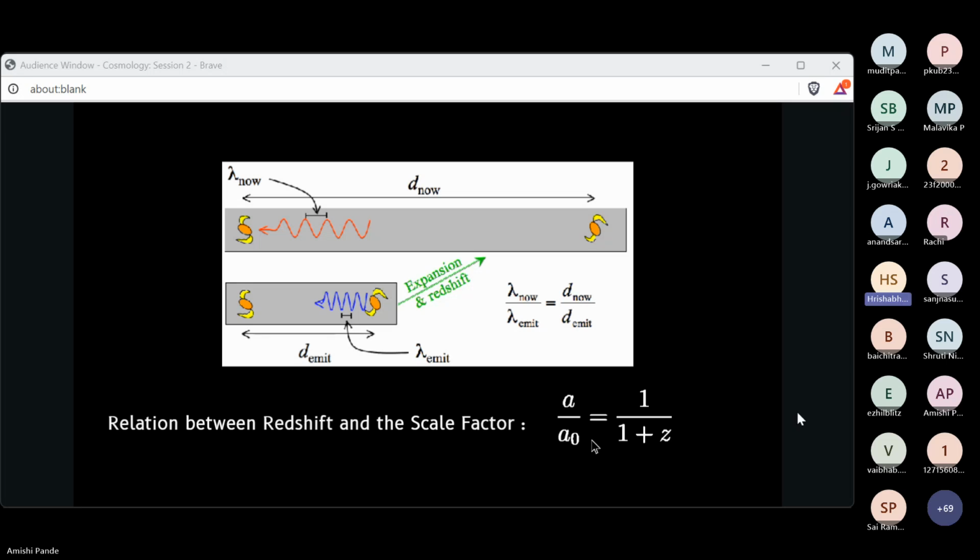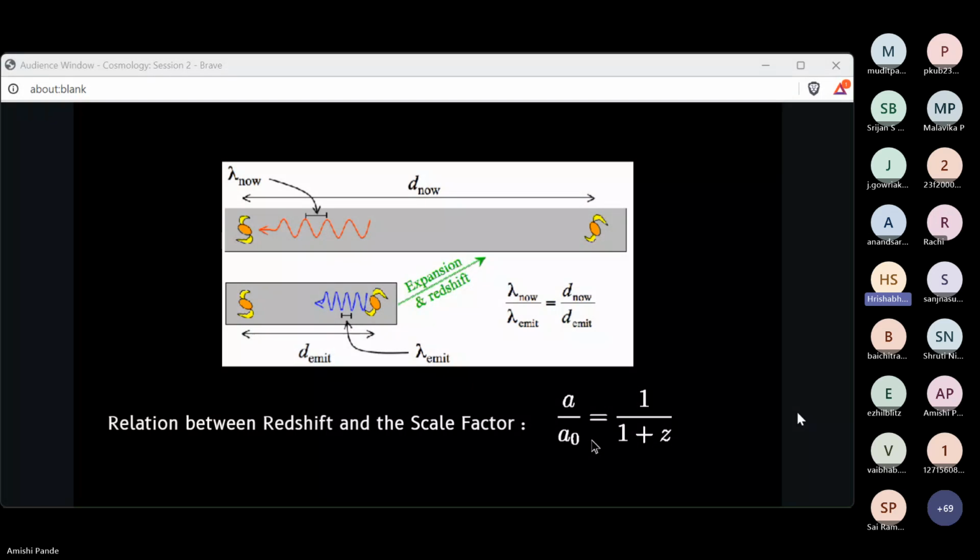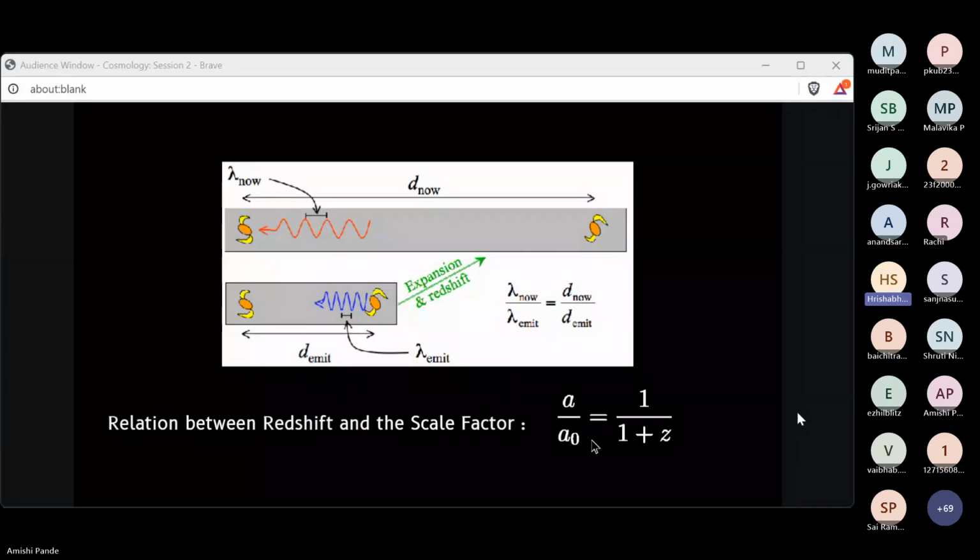Another thing that I want to let you know is the range of values that a and z can take. Since a and z are defined in inverse relation, just focus on the fact that as time passes, since the universe is expanding, a is increasing, isn't it? Because that's what it means that the universe is expanding.